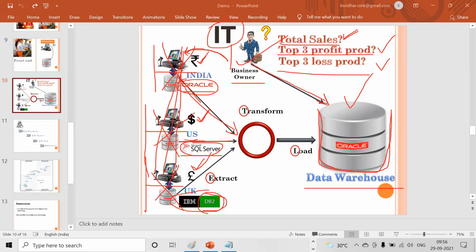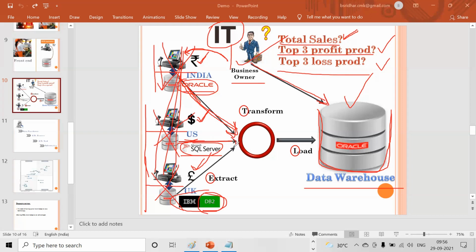Customers. So when customers came and made a sale, that information is stored in the OLTP database. So obviously for the data warehouse, data is going to come from OLTP systems only. So we need to take data from all these OLTP systems.